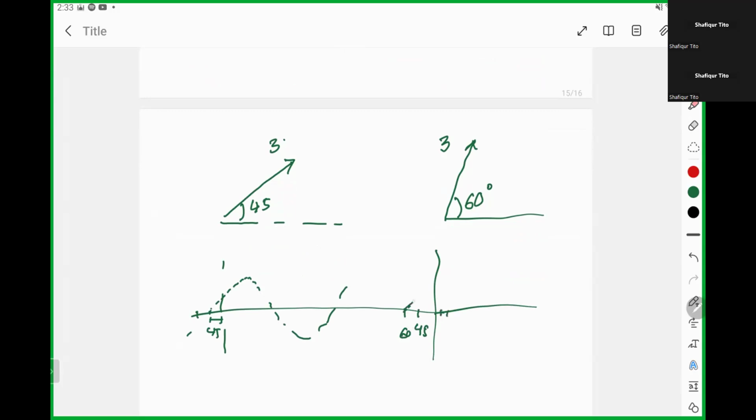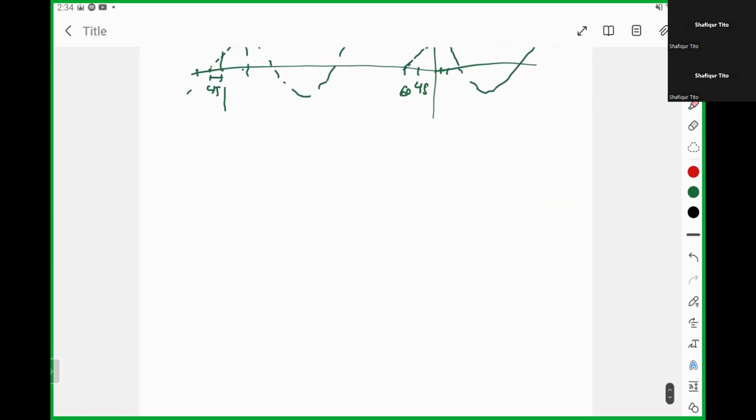So the peak is here, and then it will be this one. So they are two different sinusoidal signals. One is making an angle of 45 degree, that means your 90 degrees is somewhere far away from 0. But here it is coming closer, because 60 plus 30. So two different sinusoidal signals, and you cannot add them directly. This magnitude cannot be added.